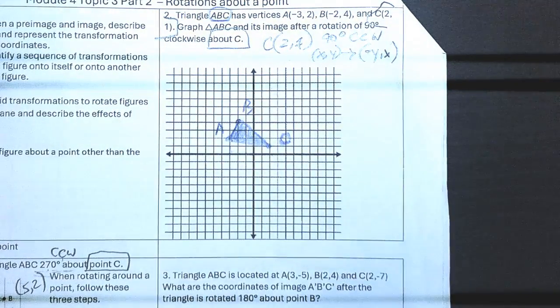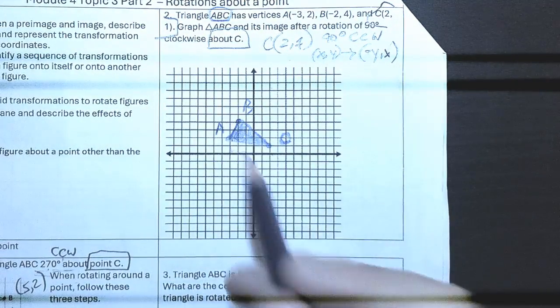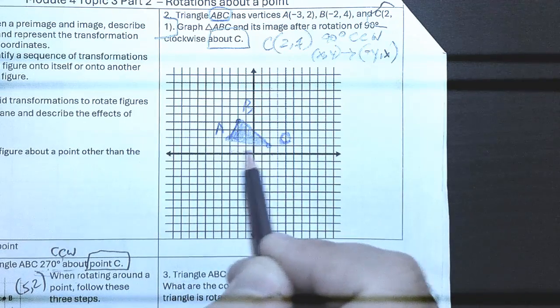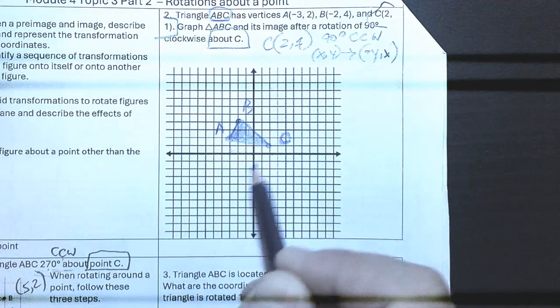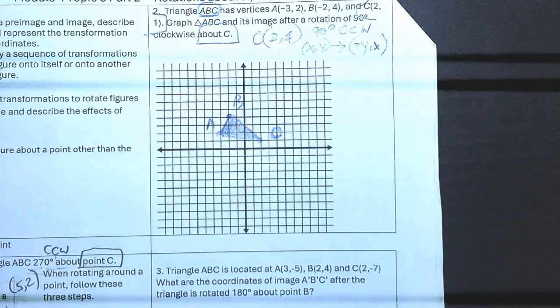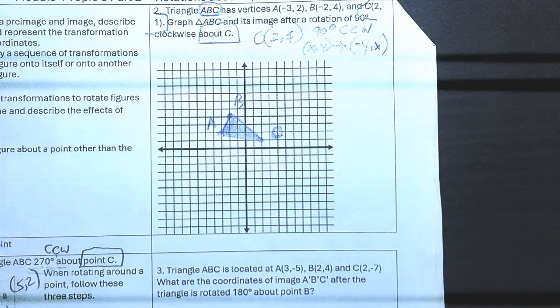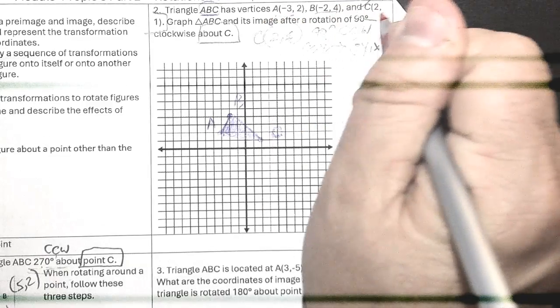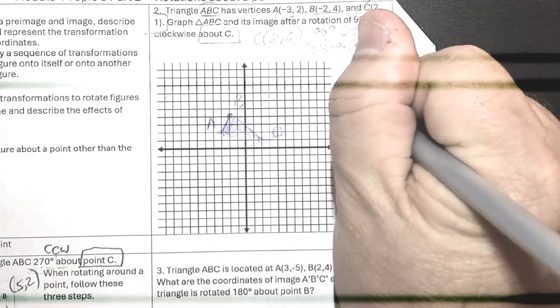Okay, so 90 degrees counterclockwise is to the left, 90 degrees. So it's going to come down here. So let's do our first point. We're only going to do points A and B because C stays the same.